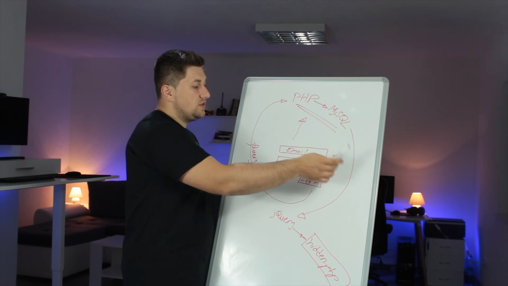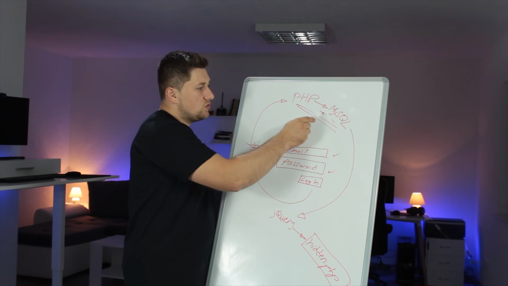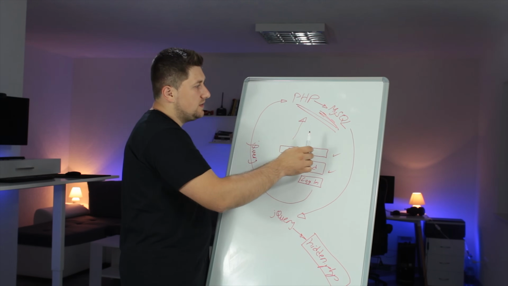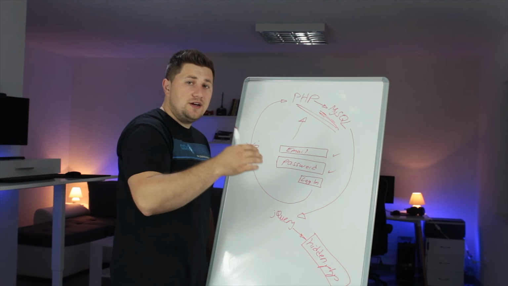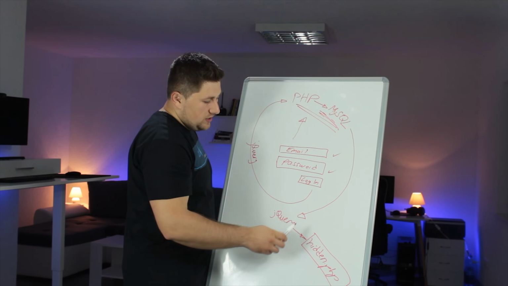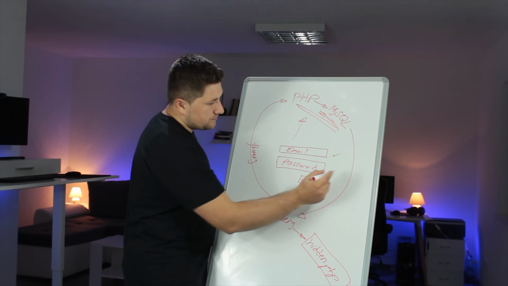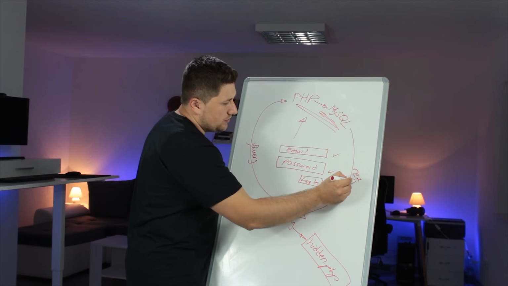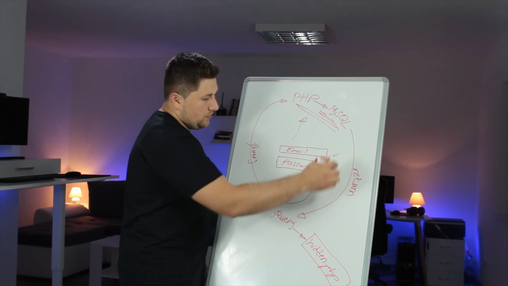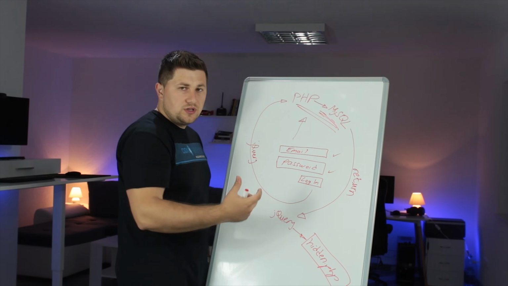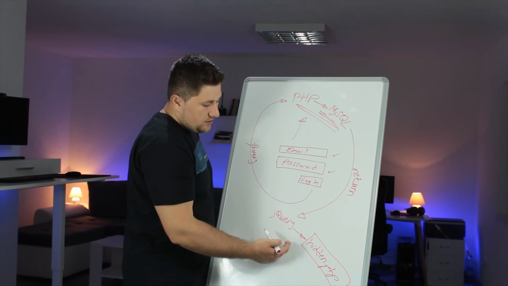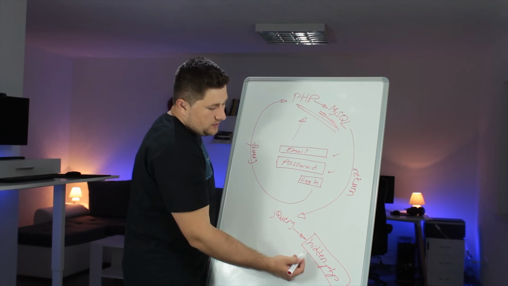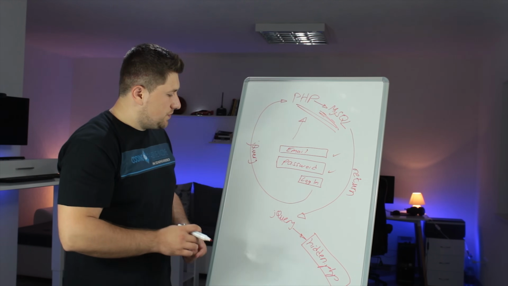On the server, we will check in the MySQL database, and if everything is okay, we will return a message to the jQuery, to the client side, and then jQuery will redirect the person to the hidden PHP.